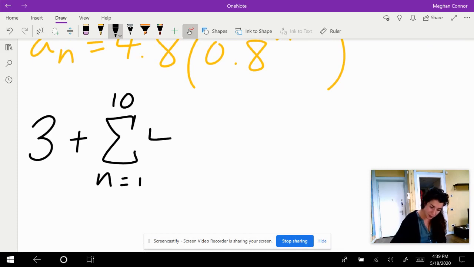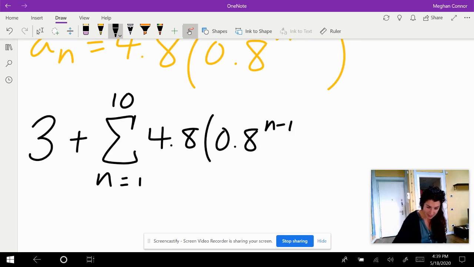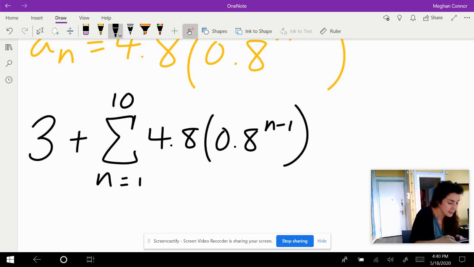And then we'll do 4.8 times 0.8 to the n minus 1. You can use the formula in your formula packet, or you can use your calculator, which will calculate the sum for you, from n equals 1 to the 10th bounce of 4.8 times 0.8 to the n minus 1. And then I add 3.